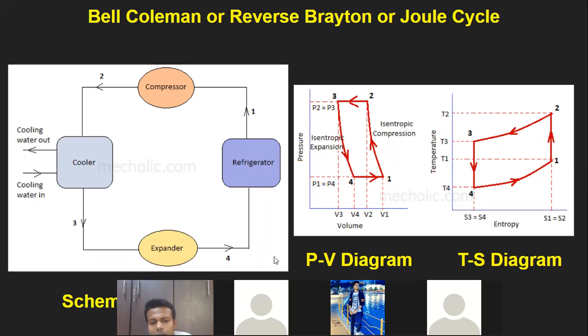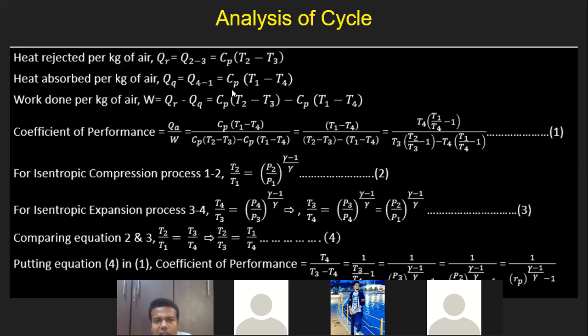Out of T4 and T1, obviously T1 is the highest temperature, so I will take it as T1 minus T4. Always, T2 is greater than T3, and T1 is greater than T4. Both I am getting as positive terms.